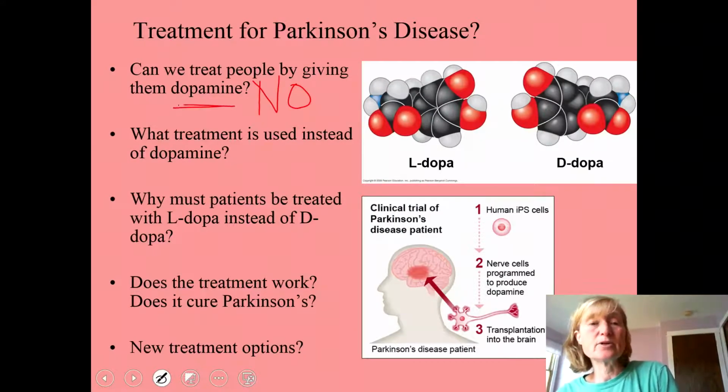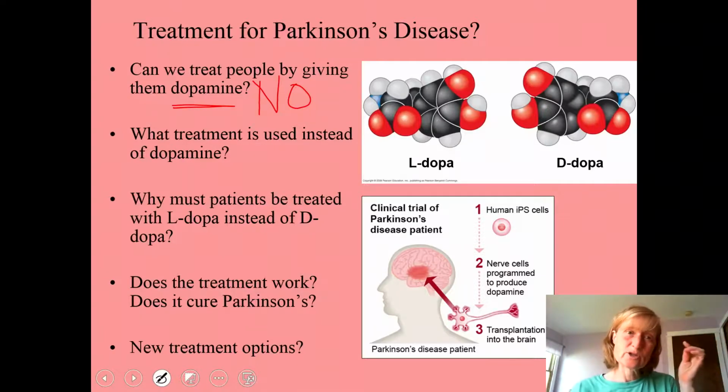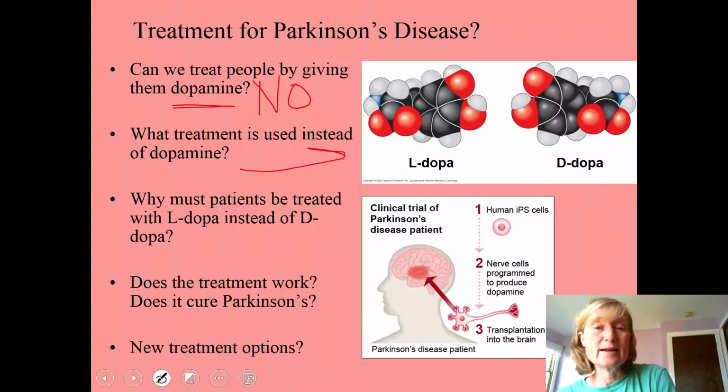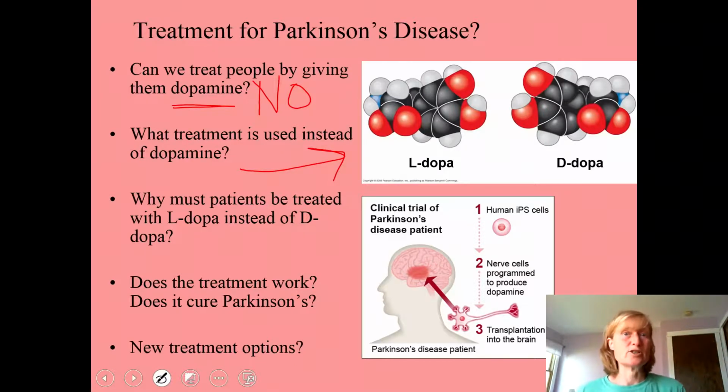Dopamine is a big molecule, and it can't pass through the blood-brain barrier. And so we can't give people dopamine. But instead, we can treat them with a precursor of dopamine that can be converted into dopamine in the brain. That's much smaller. L-DOPA is that precursor.